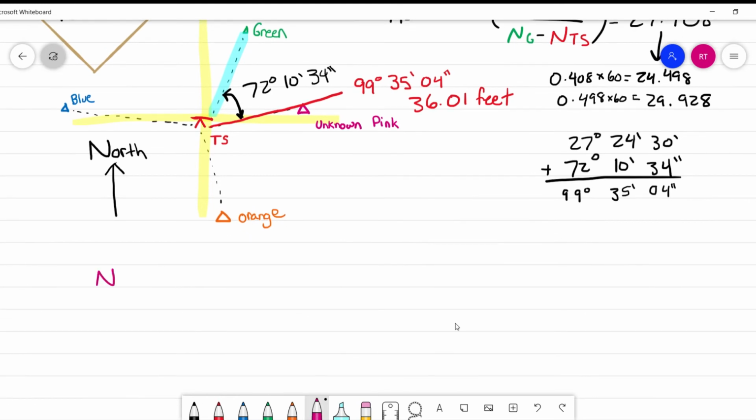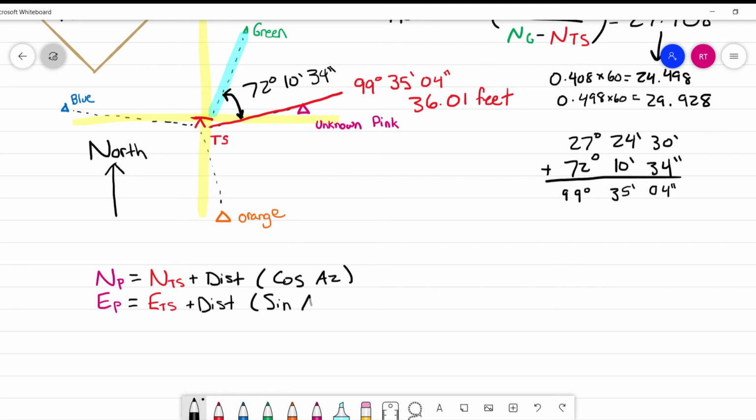So the northing of pink is equal to the northing of the total station plus the distance times the cosine of the azimuth. And the easting of pink is equal to the easting of the total station plus the distance times the sine of the azimuth.